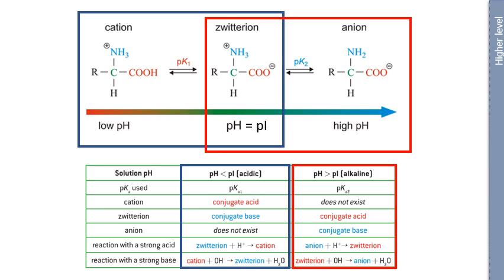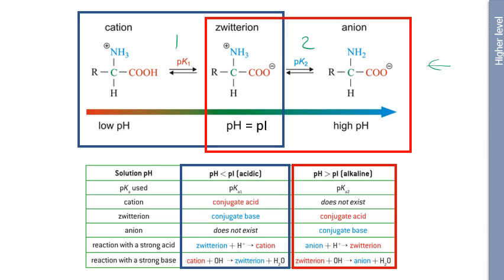So looking at this in more detail, there are going to be two equilibria happening, 1 and 2, the cation to zwitterion and the zwitterion to anion in the above scheme, each involving a pair of species differing by a single proton, H+.